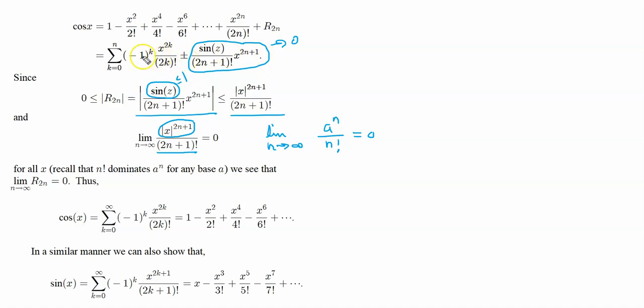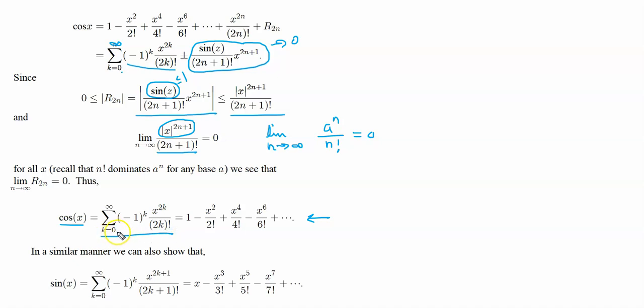And so we are justified in writing that the cosine function is actually the summation from 0 to infinity of these terms right here. Okay, so we've justified that the cosine function can be written like this.